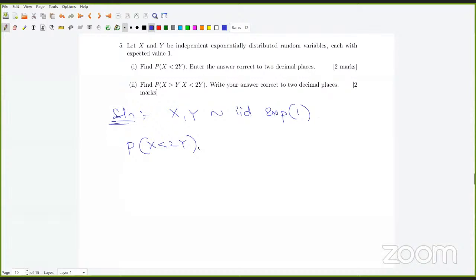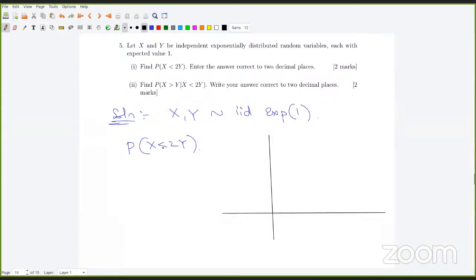Draw the graph. Yes, identify the region in which the random variable X takes values less than twice Y. In order to identify that region, you take the equality sign first and draw the corresponding straight line.